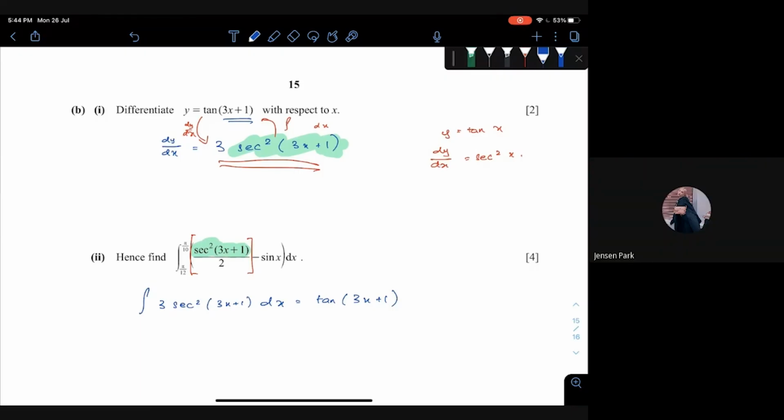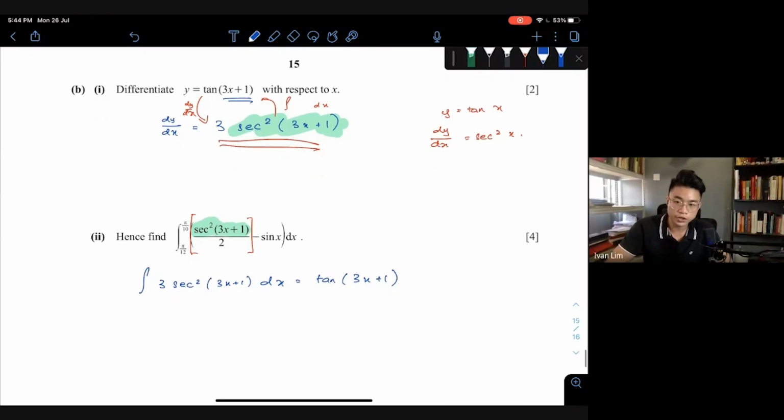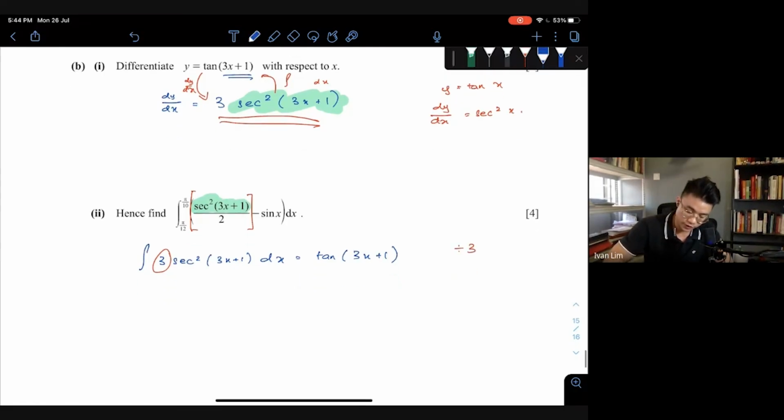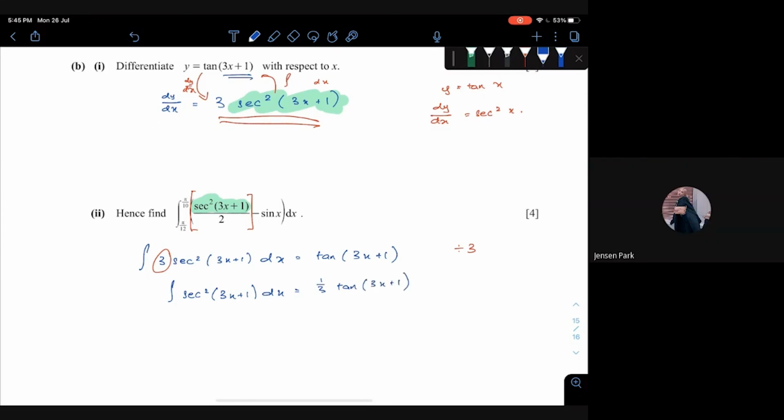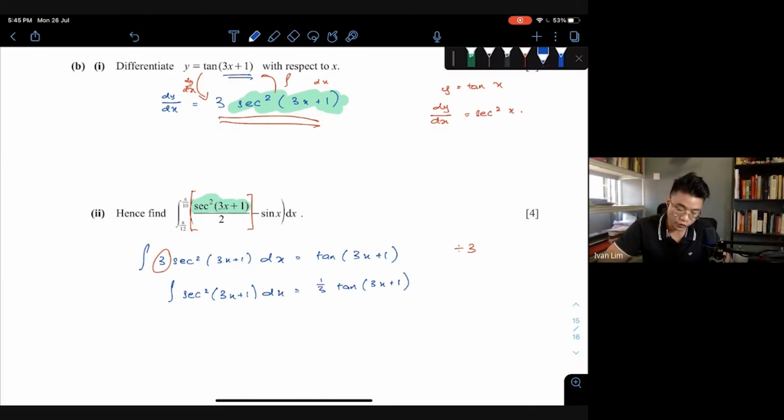Over 3. How do we get the over 3? It's because I divide the whole equation by 3, since I don't want the 3 here. So the integral of secant square (3x plus 1) dx equals 1 over 3 tangent (3x plus 1). But I want a 1 over 2 on my left-hand side also, because it's secant square (3x plus 1) over 2, so I again divide by 2.